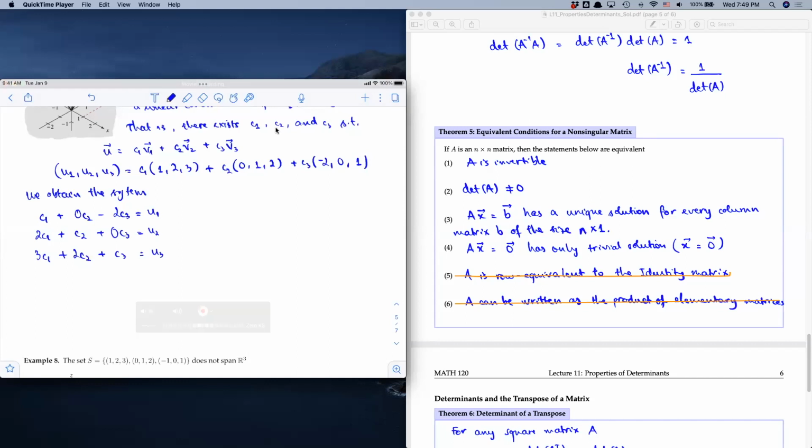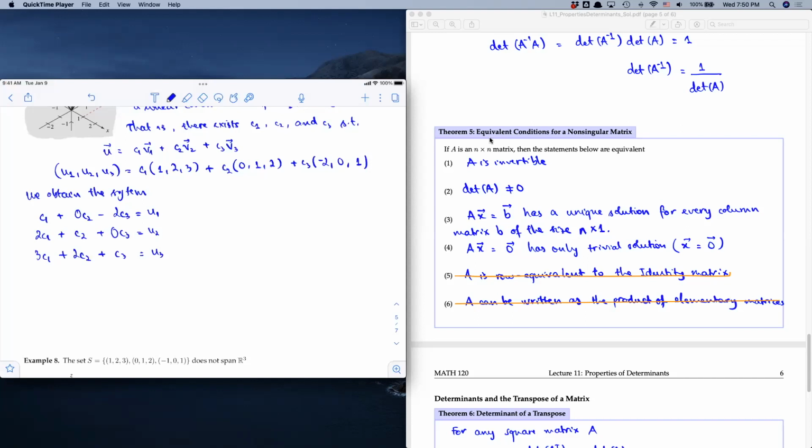It gives equivalent conditions for a non-singular matrix. In this theorem there are of course 6 different properties, but we drop numbers 5 and 6. It says that if A is invertible, the determinant of the coefficient matrix is different from 0. And if the determinant of the coefficient matrix is different from 0, the system AX equal to B has a unique solution for every column matrix B of size n by 1.